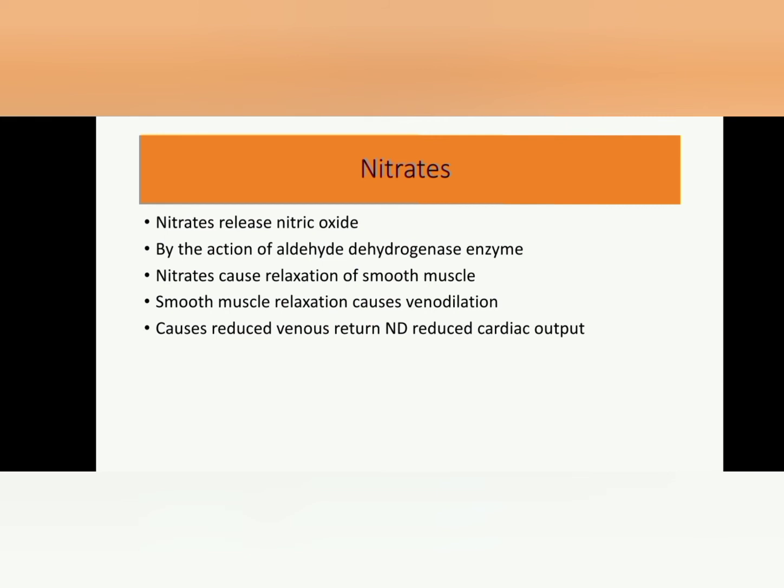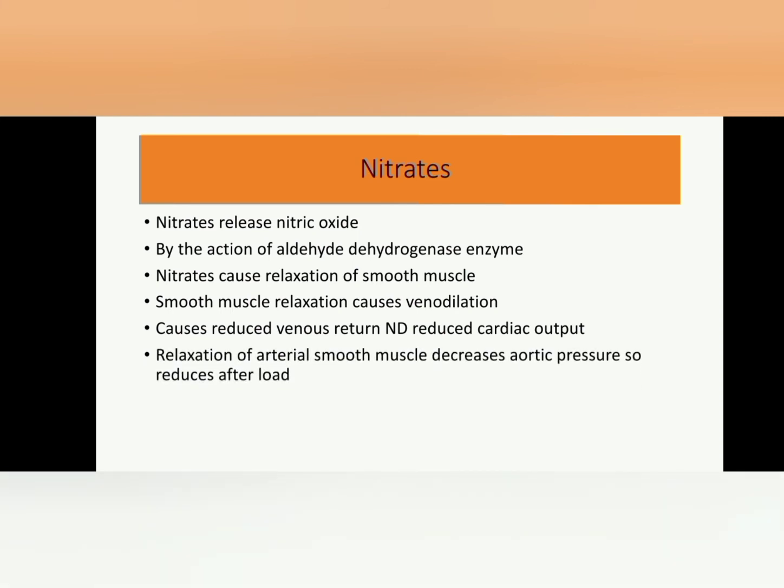Let's say, for example, if 70 ml of blood comes to the heart, it will pump 70 ml of blood or below 70 ml. It cannot pump 80 ml of blood when 70 ml of blood is coming to the heart. So when cardiac output is reduced, it will reduce work output of the heart, so it will reduce oxygen requirement of the heart.